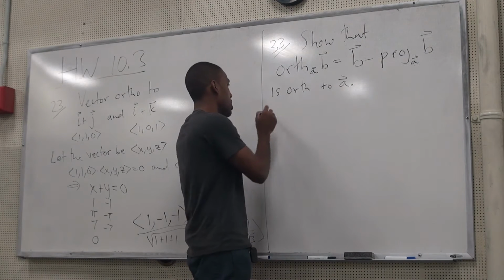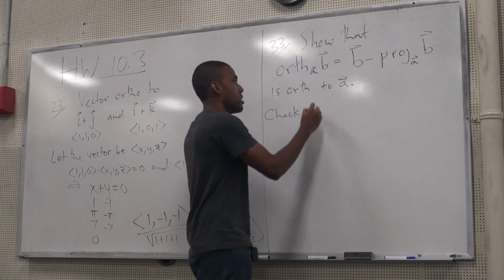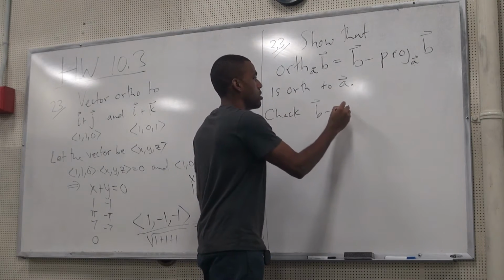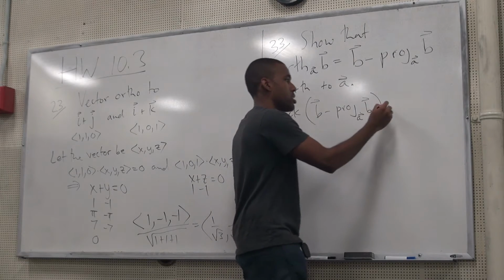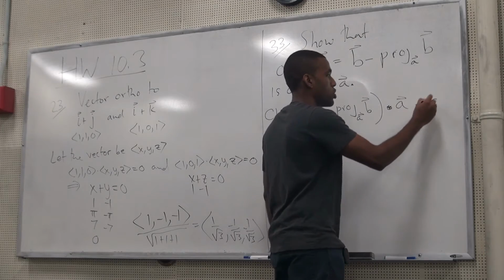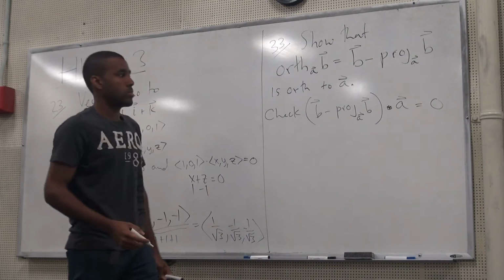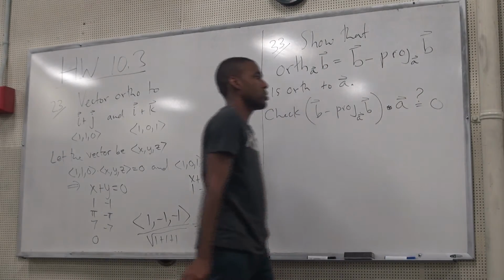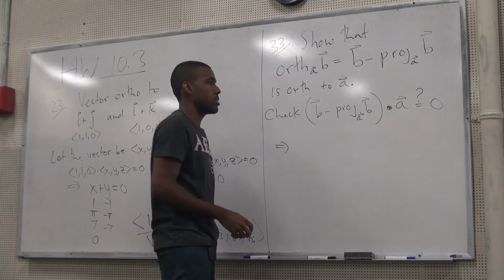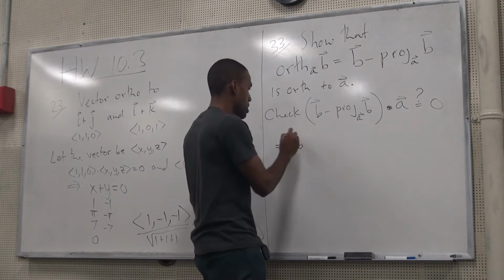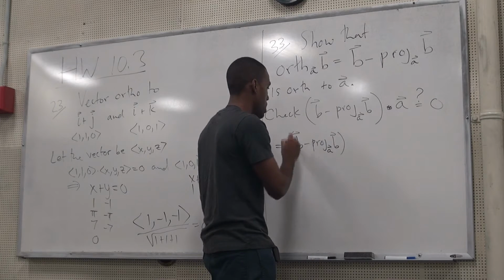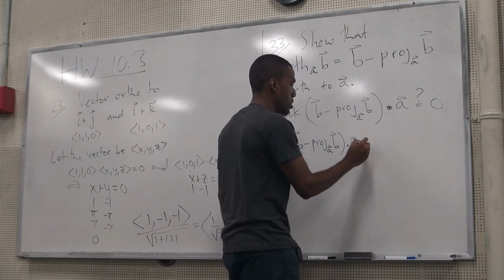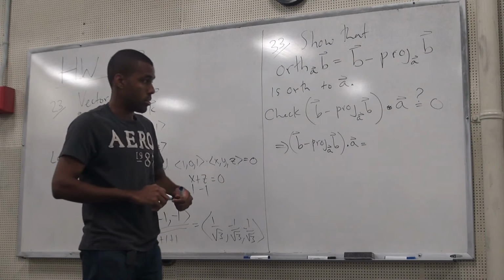So we need to check that b minus the projection of b onto A, dotted with A, gives 0. This is what we're not sure about, so we're going to check it. What is this actually equal to? If I take b minus the projection of b onto A, dot product A equals, what did you get here?